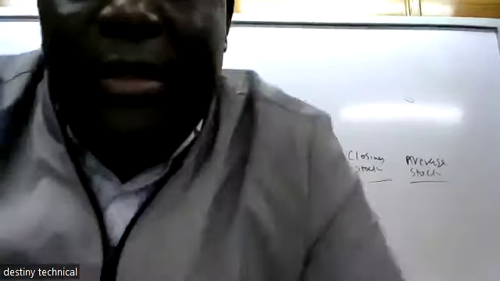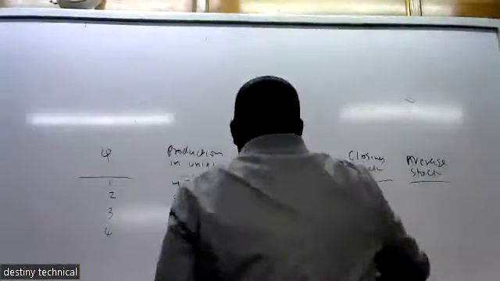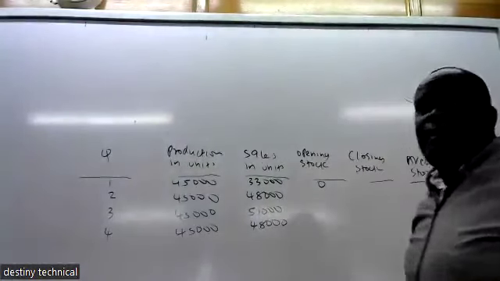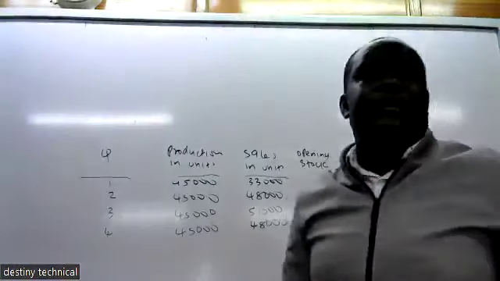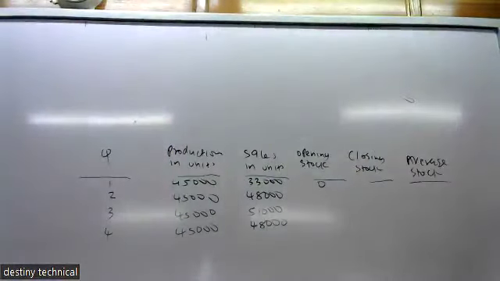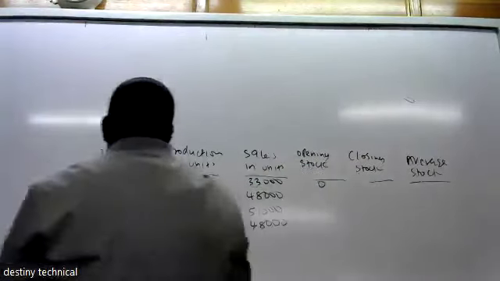That means there was no opening inventory in the first quarter, because the first paragraph of the question stated the financial year commencing on 1st of July. So the opening stock will be 0.